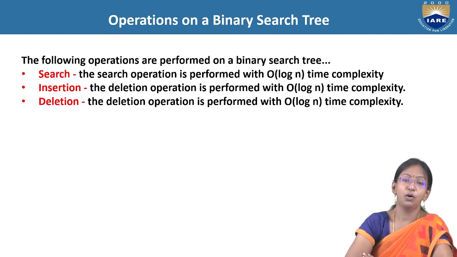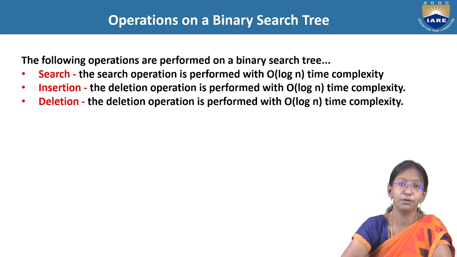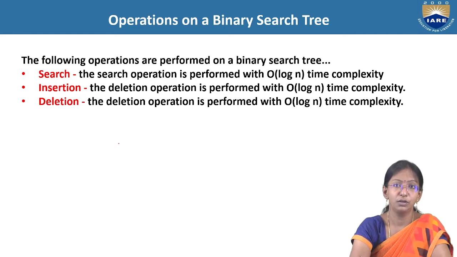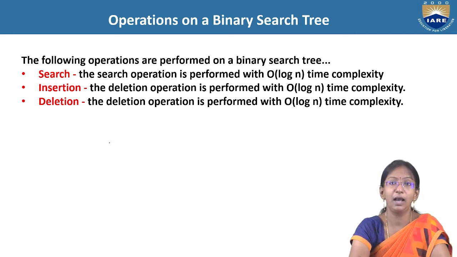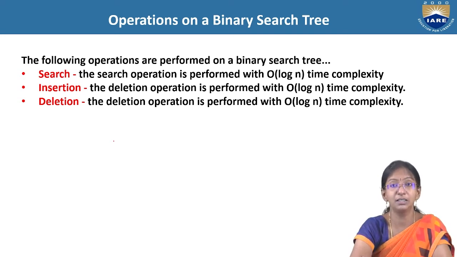So what are the basic operations that can be performed on a binary search tree? Basically, 3 operations you can perform. One is to search, the other is to insert and delete. In all the 3 operations, remember guys, we have to start from the root, and in search, we are going to search till the leaf nodes if we do not find the element within the internal nodes.